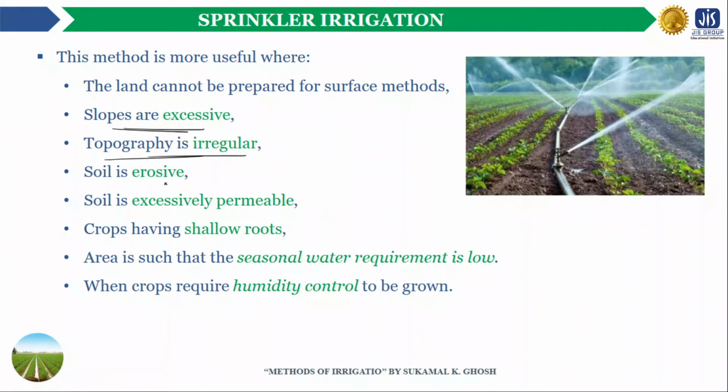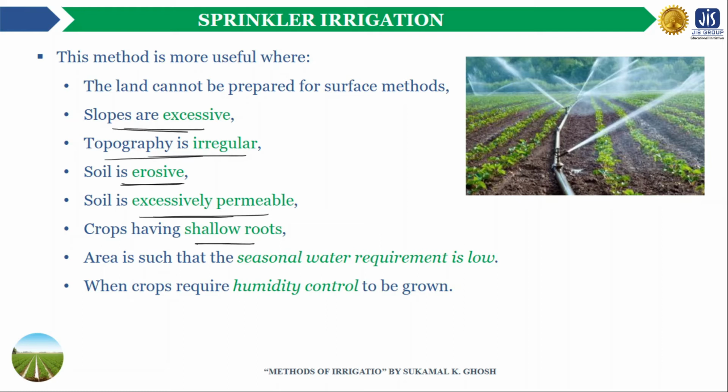If the soil is easily erodible, then on that particular land the sprinkler irrigation method can be useful. Also, land which has excessively permeable soil is not suitable for surface irrigation, and thus sprinkler irrigation should be adopted. Apart from that, for crops which have shallow roots, the sprinkler irrigation method is very useful.